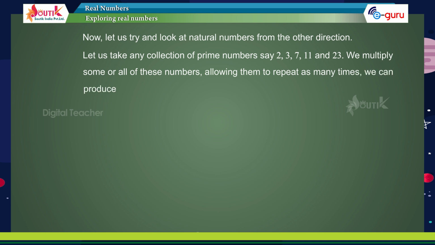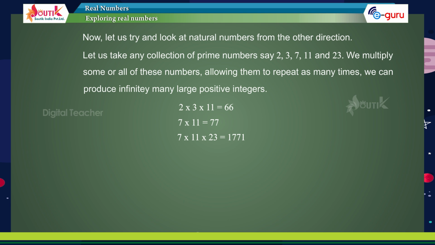We can produce infinitely many large positive integers. 2 into 3 into 11 equals 66. 7 into 11 equals 77. 7 into 11 into 23 equals 1771. 2 into 3 into 7 into 11 into 23 equals 10,626.